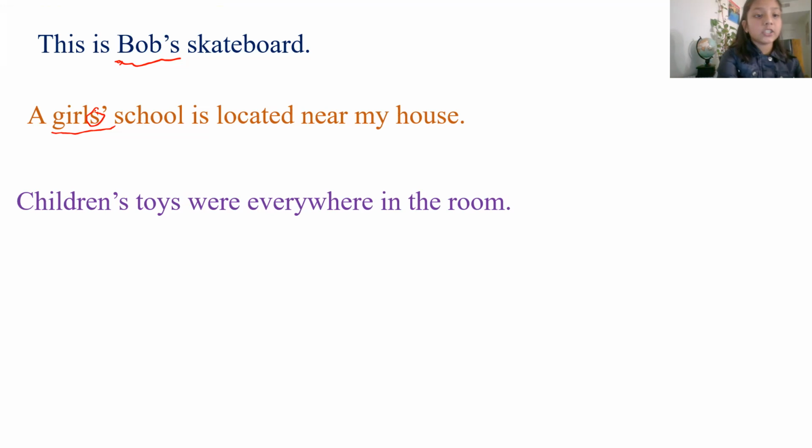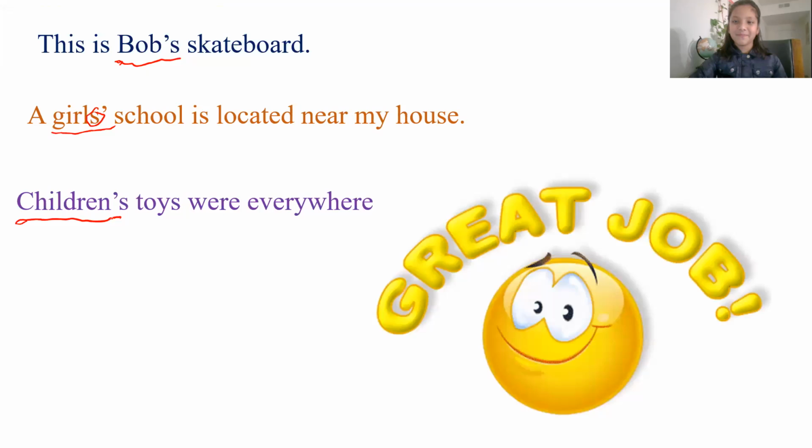Children is the possessive, but is children plural or singular? Great job. It's plural. Even though it has an apostrophe S, children is still plural. It just does not end with an S or ES, so we still add an apostrophe S. Great job.